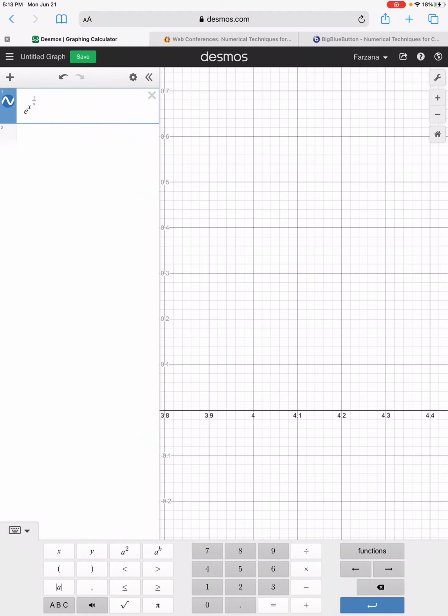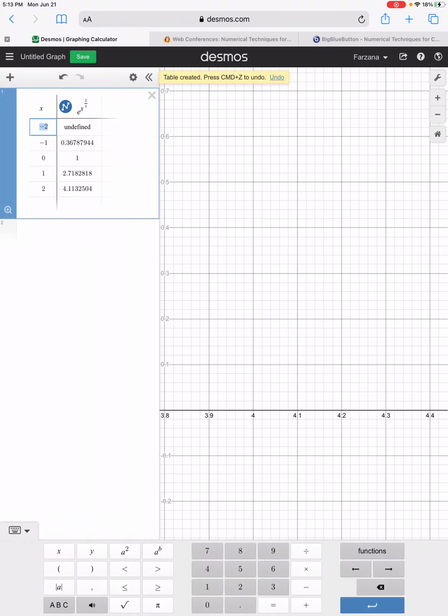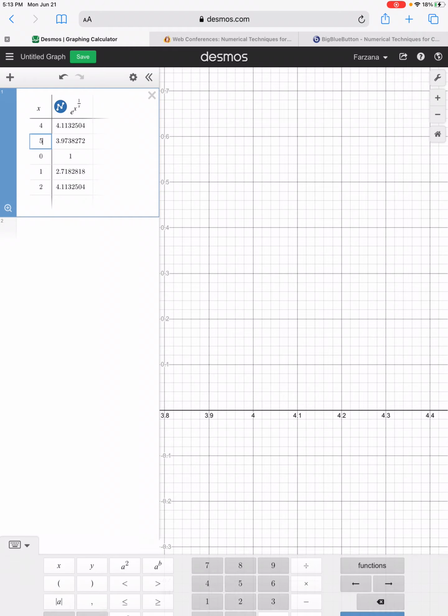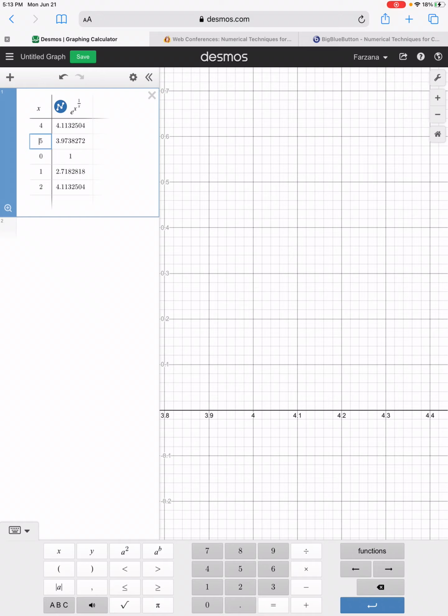Okay, and then I'm going to the table, 4 to 5. Let me check. Okay, so when x is 4, it is in 4 to 5, but for 5 it is not in 4 to 5. Let me make the interval a little bit smaller. Right now it is working.